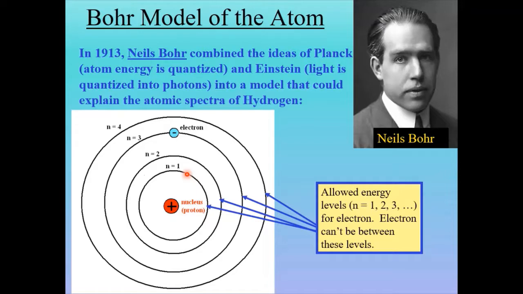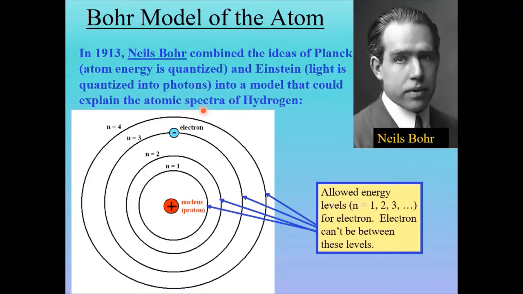It can't go any lower than that. And then the next step up is n equal 2, this level right here, like the second orbit. The next level up from that is n equal 3, where I have shown the electron in this picture. And the one above that would be n equal 4, the fourth energy level. And it actually keeps going past that.